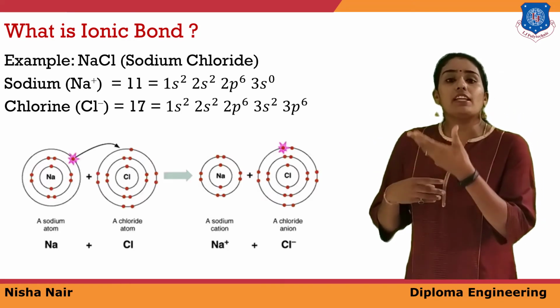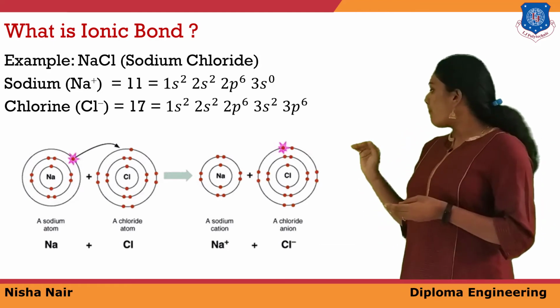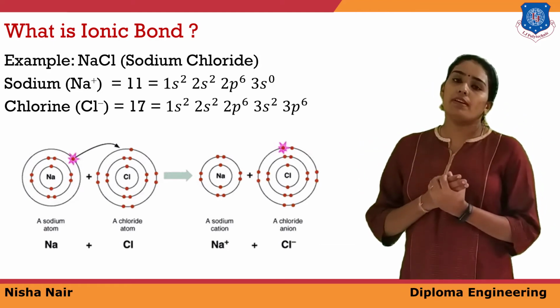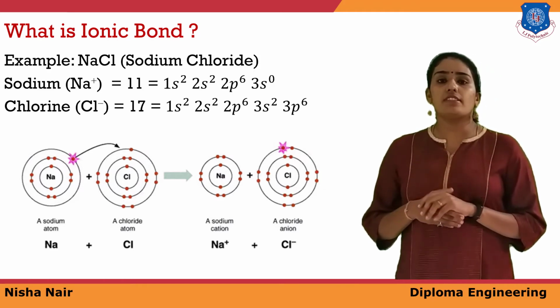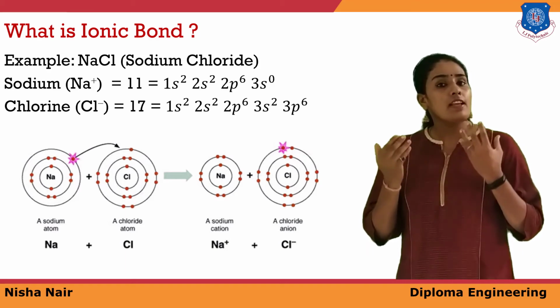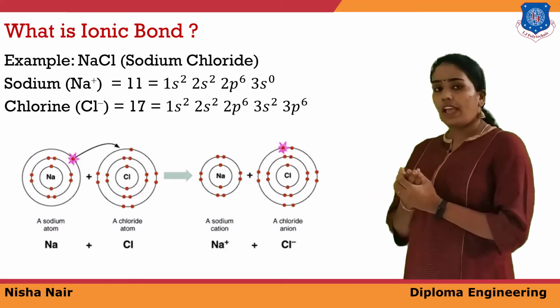After giving the electron, sodium will become positively charged, and after taking the electron, chlorine will become negatively charged. Positively charged ions are known as cations and negatively charged ions are known as anions. So here sodium is a cation and chlorine is an anion.